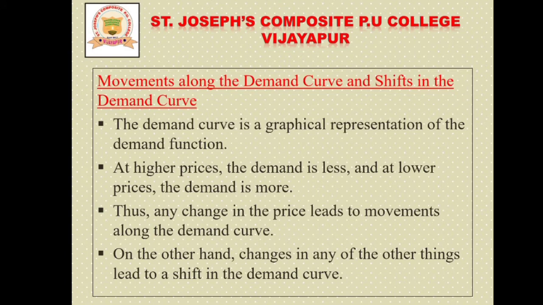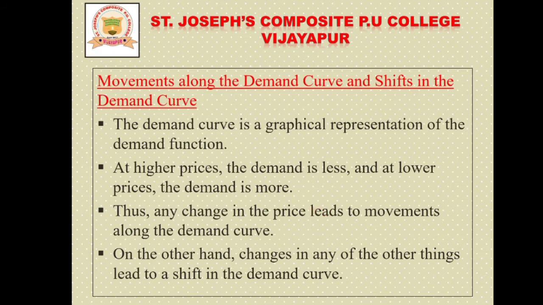So what is the reason for movement along the demand curve? That is any change in the price. Any change in the price of a commodity, and the demand curve will be moved. Remember this point: change in price. Because as you know, the demand theory means that due to changes in its price, the demand will change.